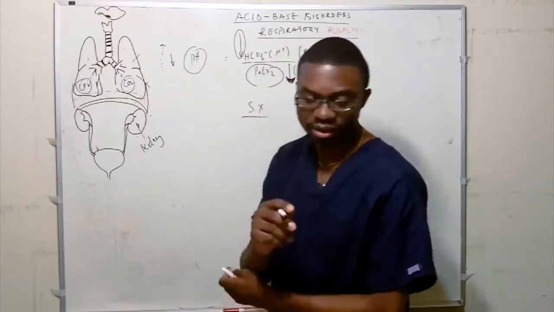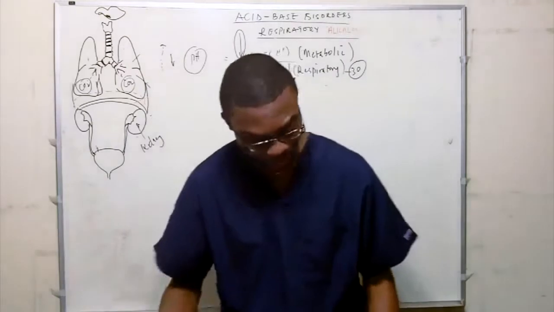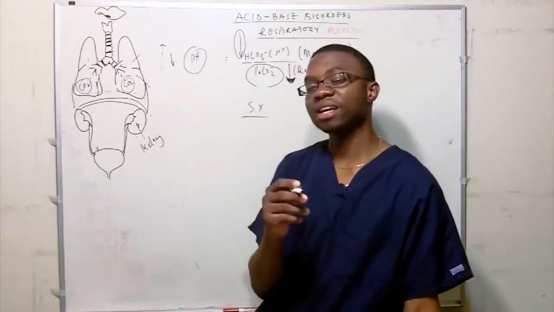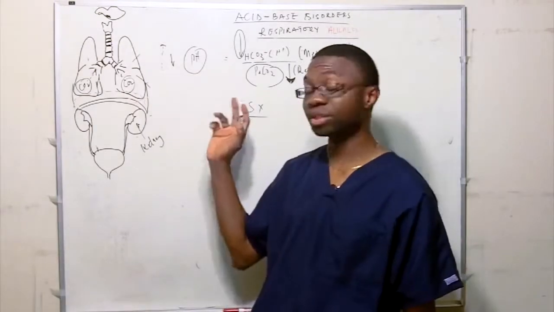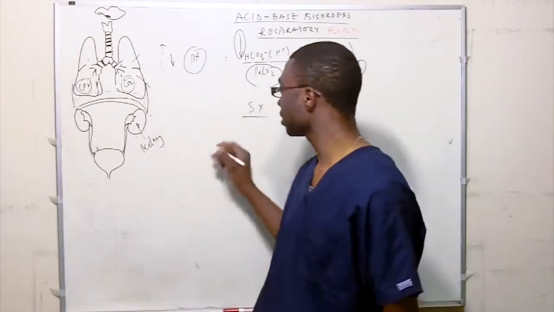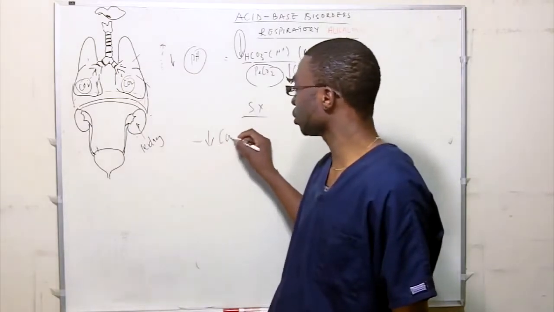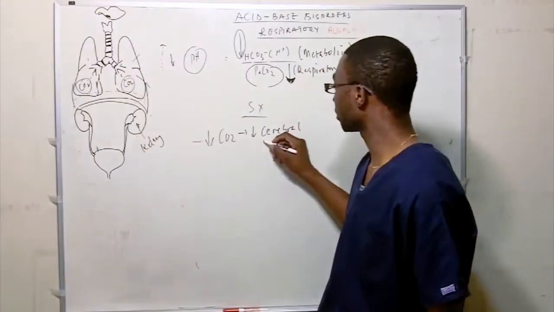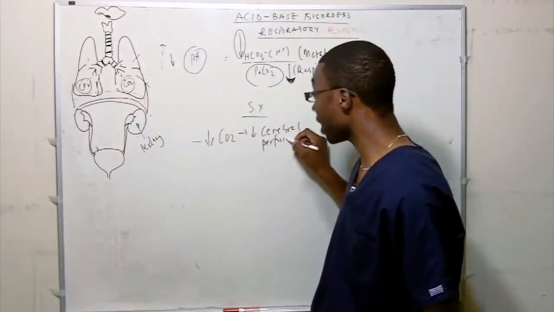Symptoms, right? Since these patients are hyperventilating, which is when we said if they're hypoventilating initially for respiratory acidosis, if you breathe out too fast, you decrease what? CO2 means decreased cerebral perfusion to your brain.